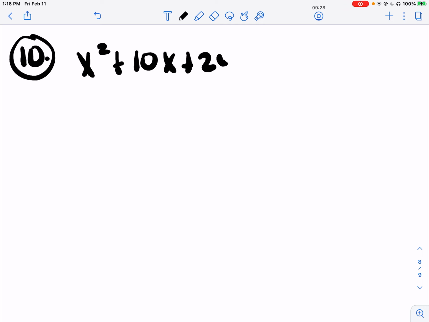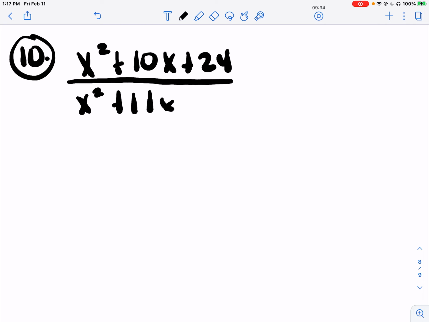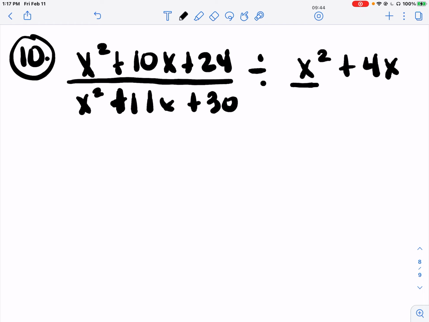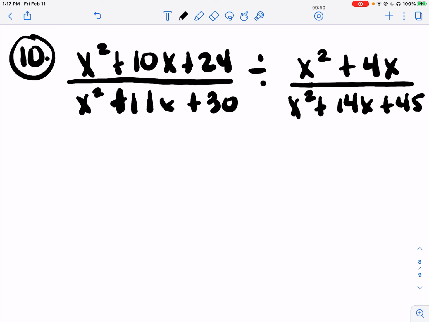Number 10 is division of fractions. That's plus 11x plus 30. Okay, so we're going to keep flip change.